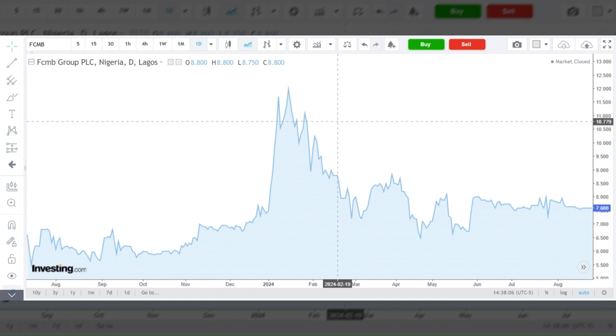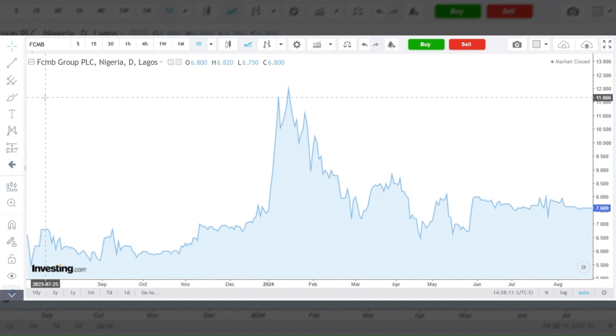So if you put the line here, there's a probability that you might not see any other high. Some stocks have passed their 52 weeks high and have been going on the bullish run. That is why they are always on an uptrend.